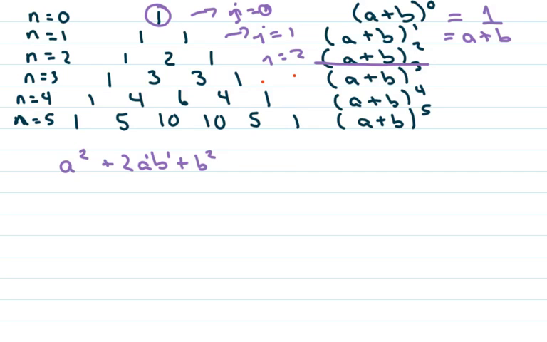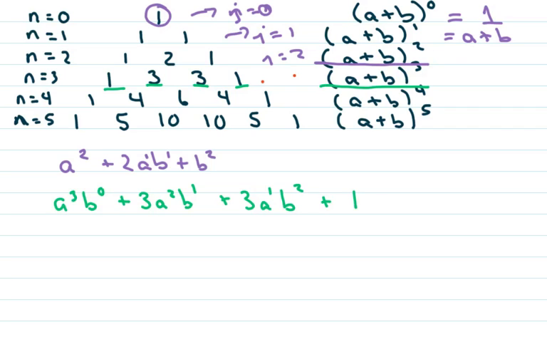So let's further do this one. I'm going to use these 4 numbers, and I'm going to get a cubed times b to the 0, plus 3 a squared b to the first, plus 3 a to the first b squared, plus 1 a to the 0 b cubed.